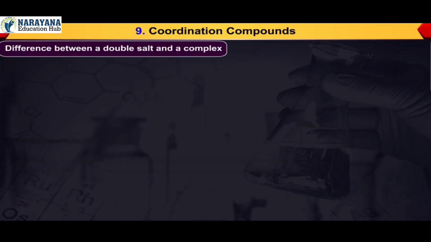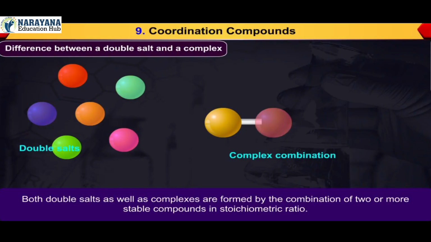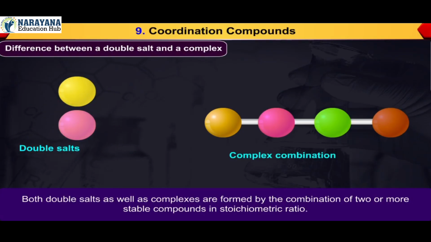Difference between a double salt and a complex. Both double salts as well as complexes are formed by the combination of two or more stable compounds in stoichiometric ratio.